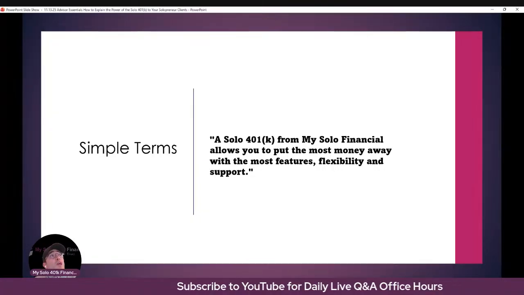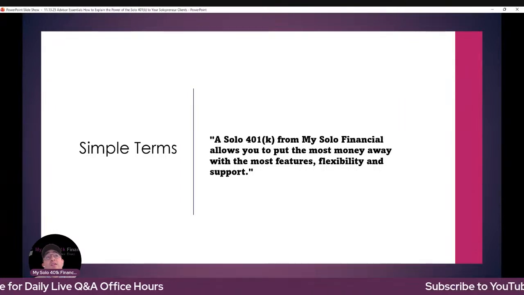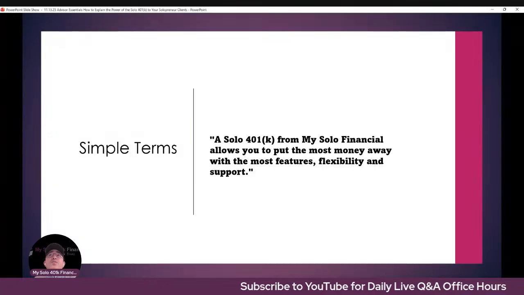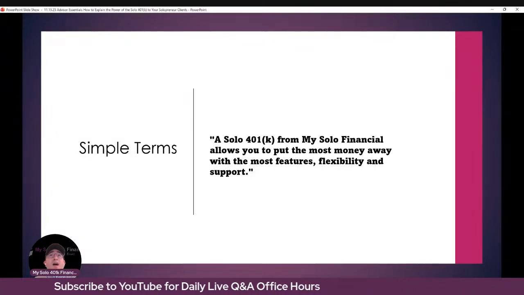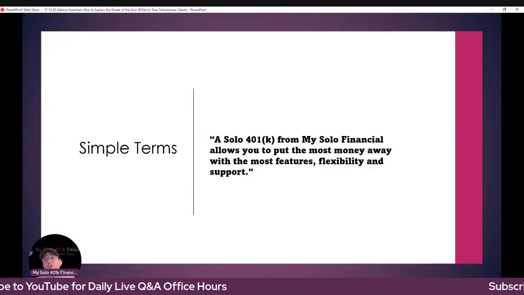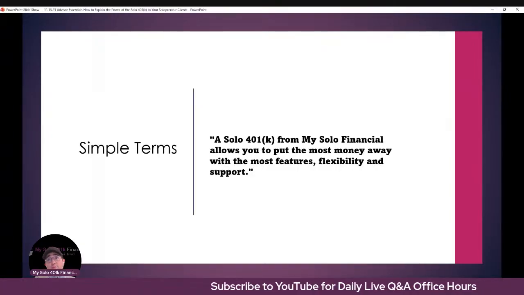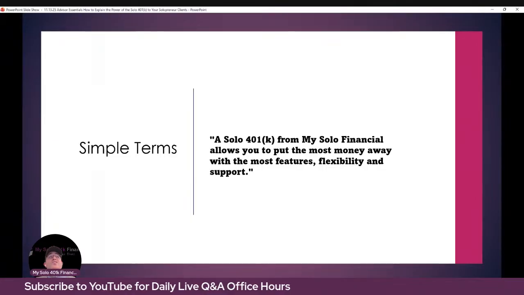And a 401k plan is a legal entity. It's technically a trust. So like any legal entity, it's the documents that create it. In order to be able to access more advanced features, you need to have plan documents that allow and support those more advanced features. Individuals that are eligible because they're self-employed with no employees, so it's an owner-only business, can set up a solo 401k plan generally.